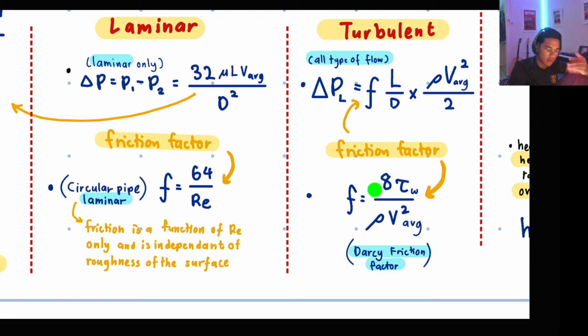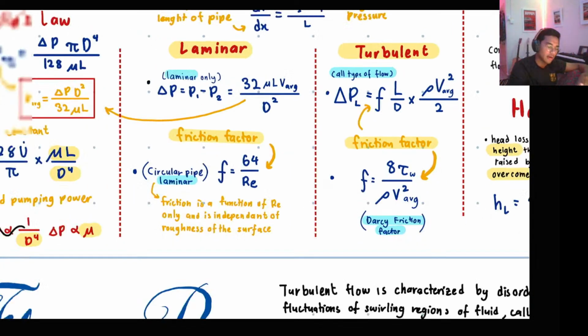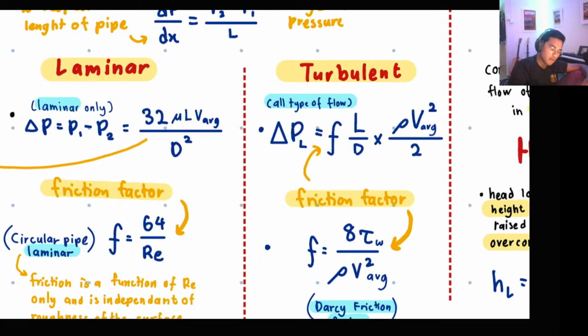So how do we find F? For laminar, it's 64 over Reynolds number. For turbulent, it's 8 times the shear stress at the wall over rho V squared average. This is also called the Darcy friction factor. It's in the textbook, and it applies to all types of flow. This is laminar.